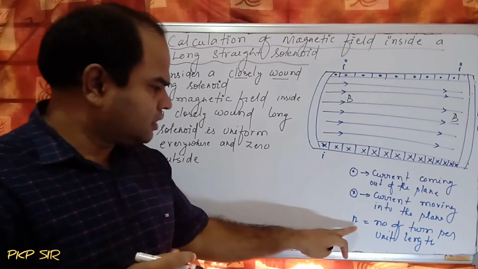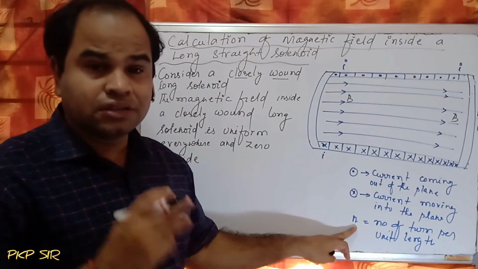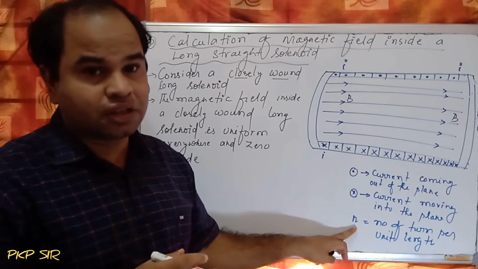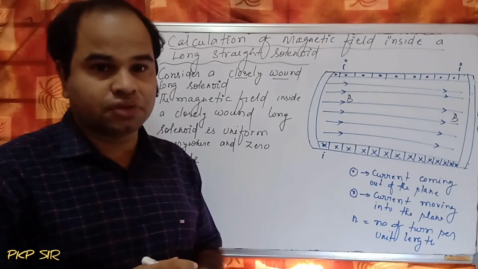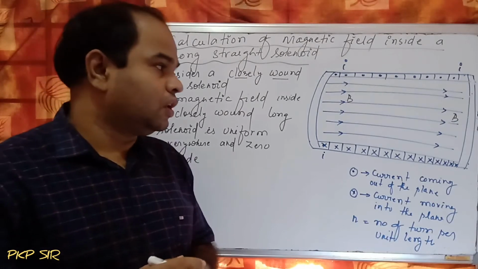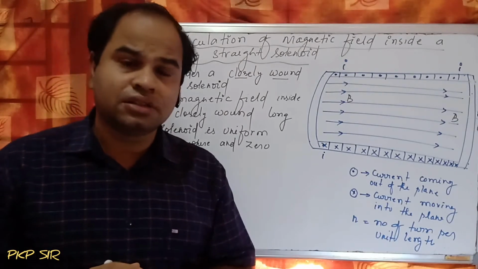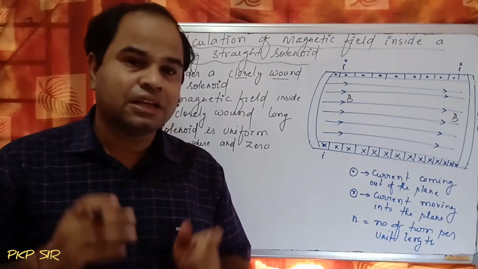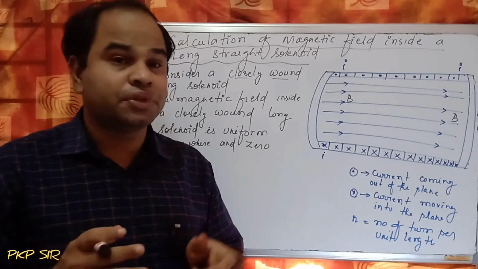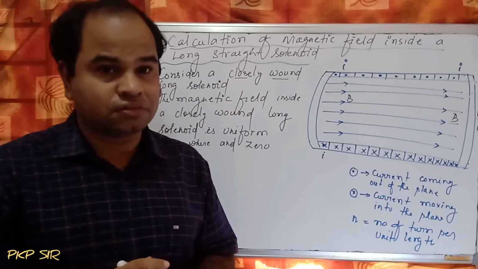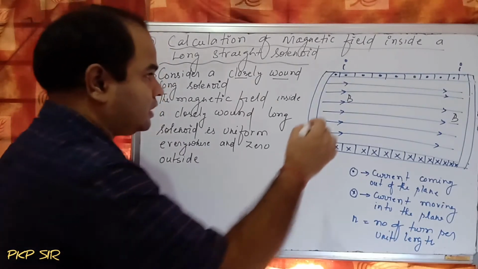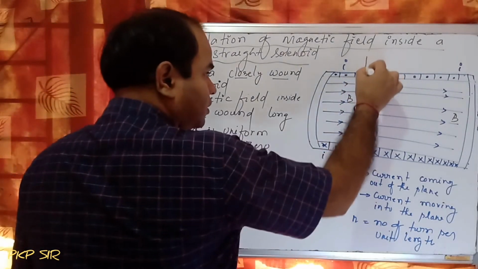Let us consider small n is the number of turns per unit length of this solenoid. To find the magnetic field inside the solenoid, let us consider an Ampere's loop in the form of a square.